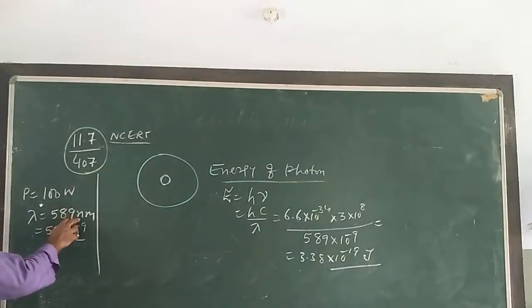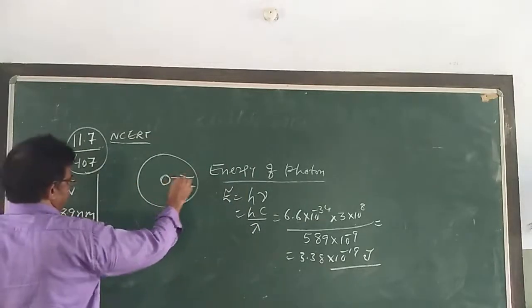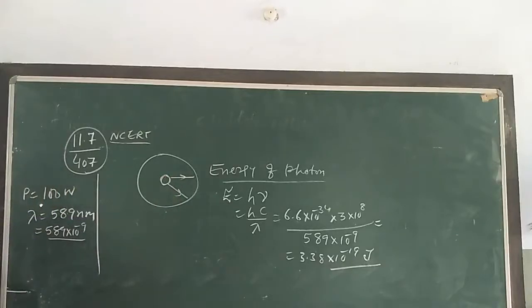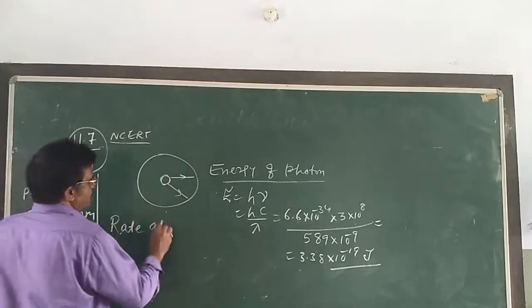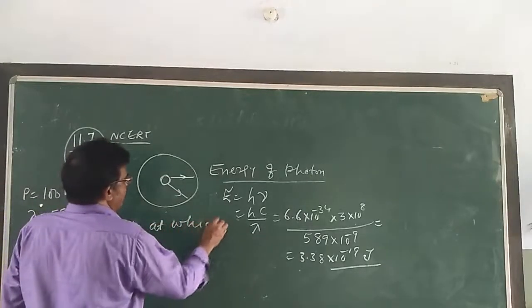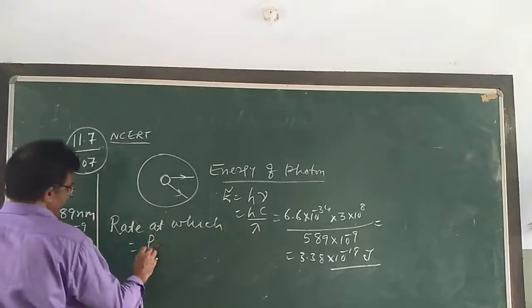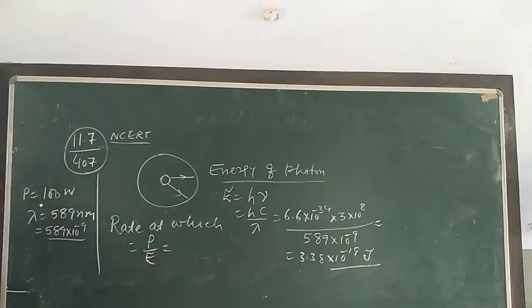At what rate are the photons delivered to the sphere? At what rate the photons are delivered to the sphere, that is equal to P by E. P is given here, 100 watt sodium lamp.